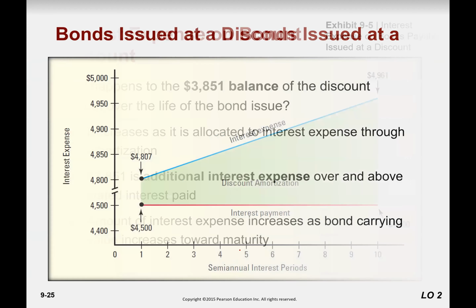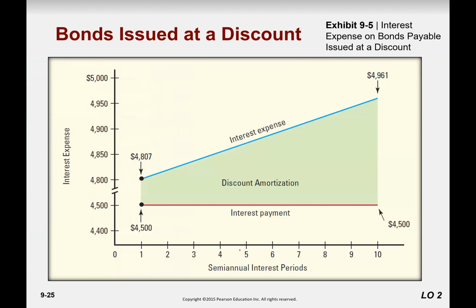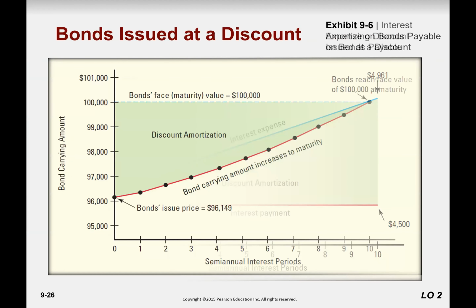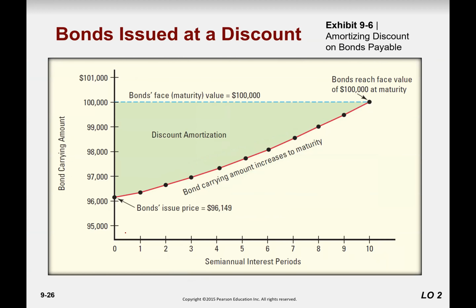So graphically, bonds are issued at discount. So these are the interest payments. So payments are flat rate because we promise to pay 4.5%, but interest expense gradually increases, right? And the value of the bond, you see, we issued the bond at 96,149.